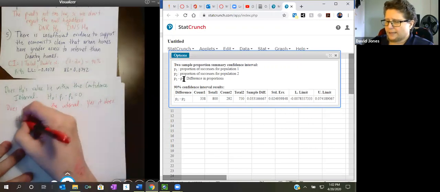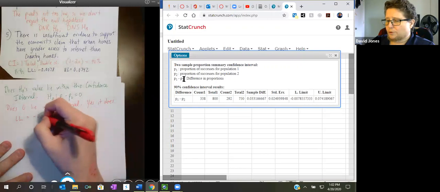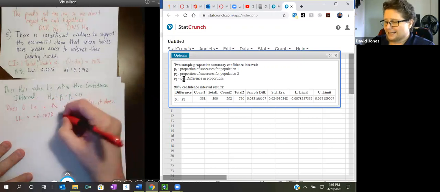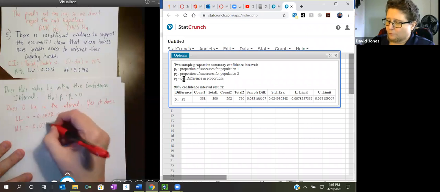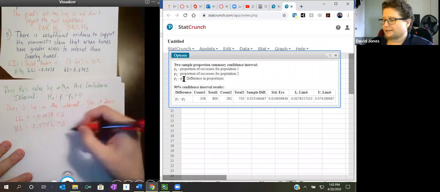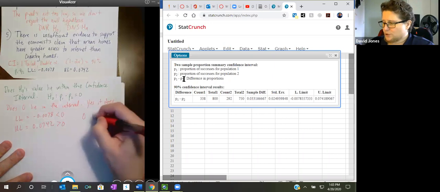The lower limit is negative 0.0078. That's less than 0. The upper limit is 0.0742. That's greater than 0. 0 is between them.